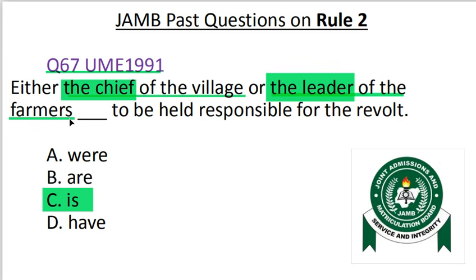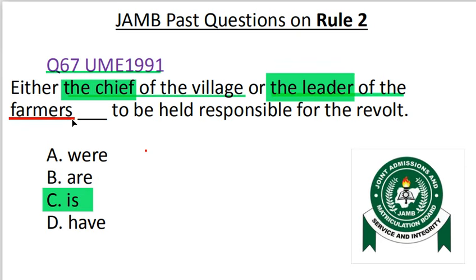Now, look at that expression, "or the leader of the farmers." Note that the farmers is in plural form, but that is not our subject. Our subject here is the leader, singular leader. So do not think that because farmers is now the closest to the verb, our verb is going to be plural.